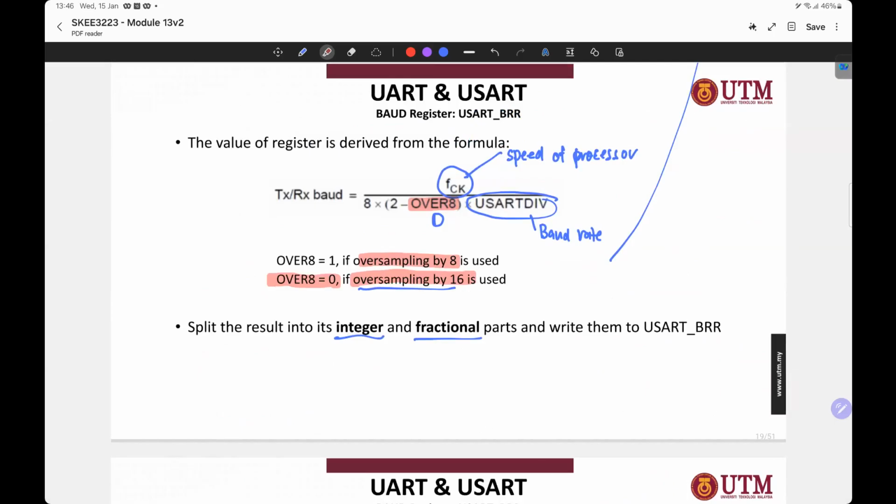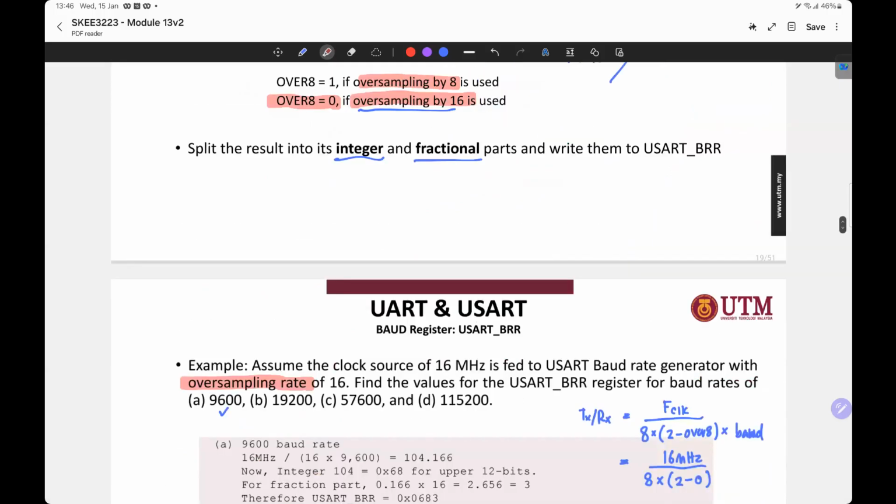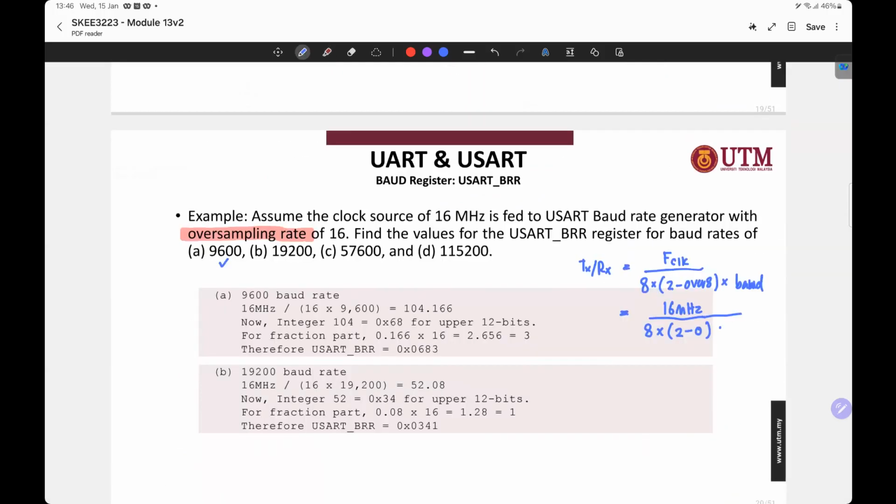That's why I put 0 for over 8, and then multiply with 9,600, and you will get 104.166. You can see you have two values here: an integer value and a fractional value. So the integer value here is 104 in decimal.